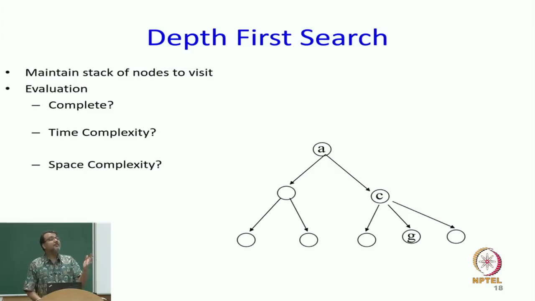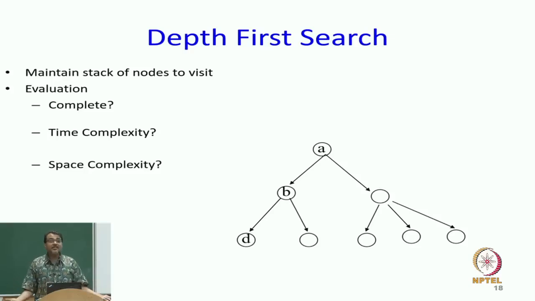Why would it not be complete? No, wait. Well, Vignesh should answer. Why would it not be complete? If the depth is infinite, okay, so let us take an example. We never return back from D, let us say. The goal is G, but we never return from D because that subtree never ends.